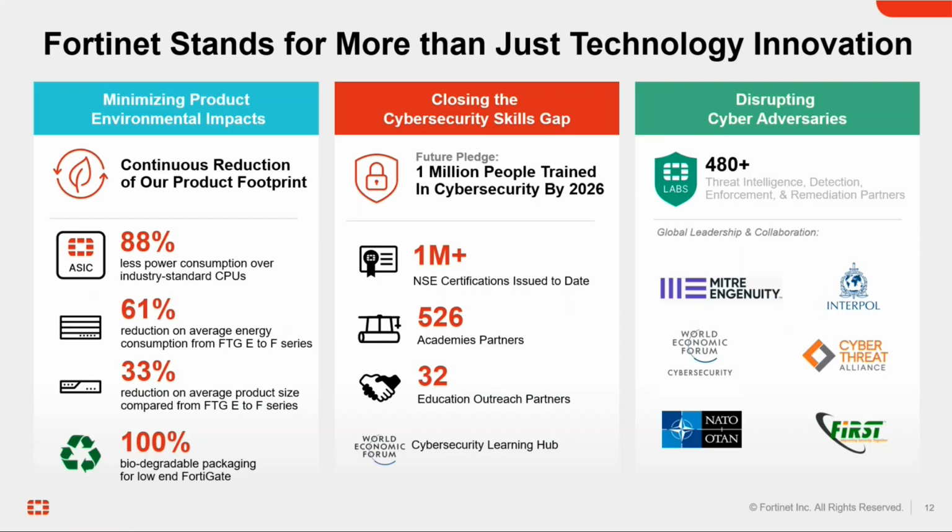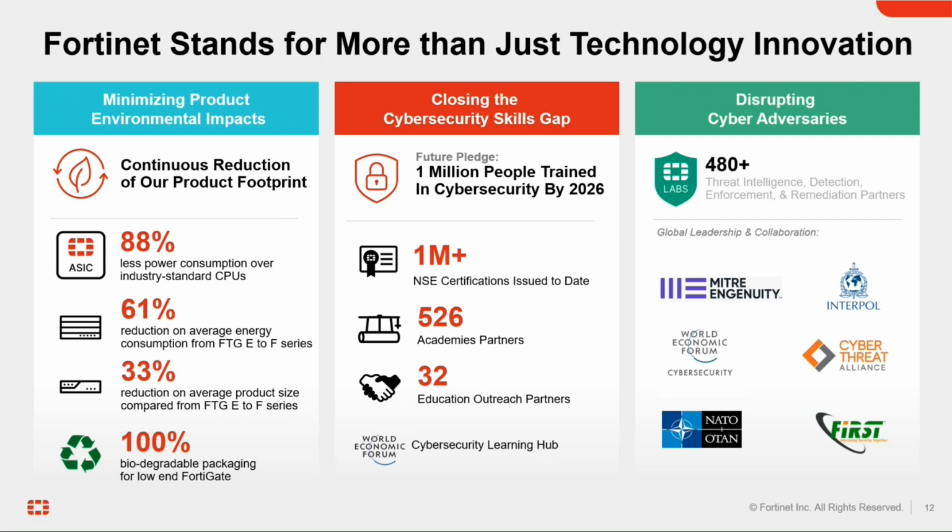So Fortinet stands for more than just technology innovation. We made a public announcement just nearly a month ago of the 5th generation of what we call the SOC family, and this time it's called the SP5, the security processor, 5th generation. What that brings to the table, especially in this day and age of the cost of electricity and reducing the power consumption bill, is very high performance ASIC technology at a very cost effective and low energy consumption footprint.